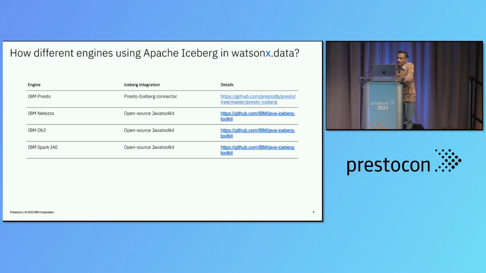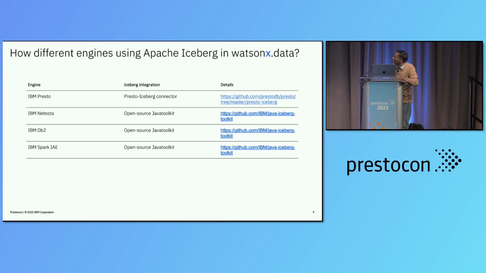For IBM Presto, we have the Presto Iceberg connector for the Iceberg integration. For Netezza and DB2 and the IBM Spark engine, we are using the open source Java toolkit, which is available to use. It's a GitHub project.